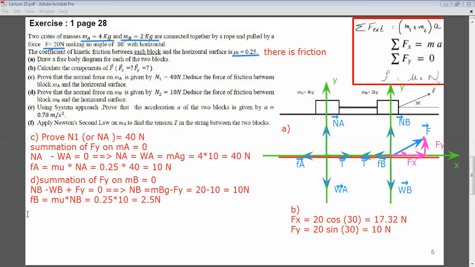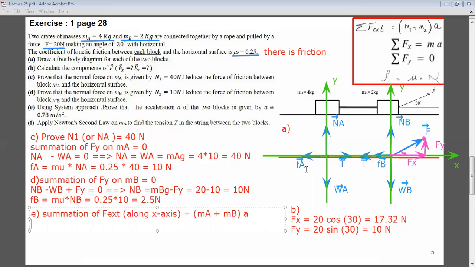Okay, now we need to use the system approach to find the acceleration. The first equation: the summation of external forces along the x-axis is equal to MA plus MB times the acceleration. So this is the equation.